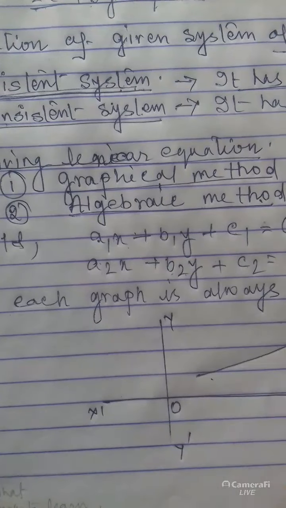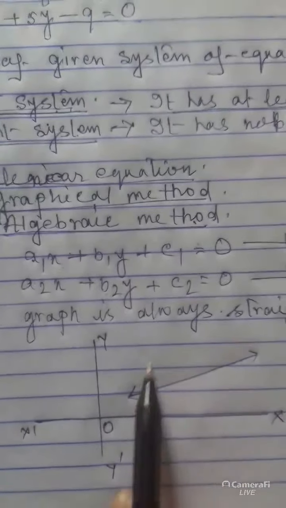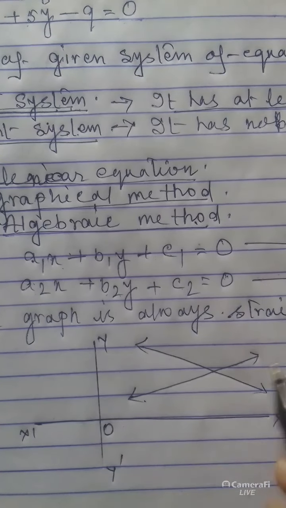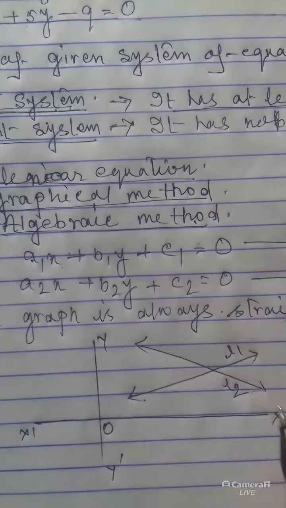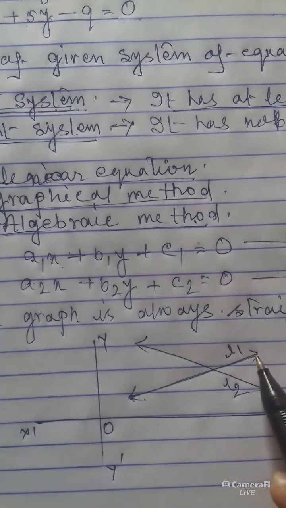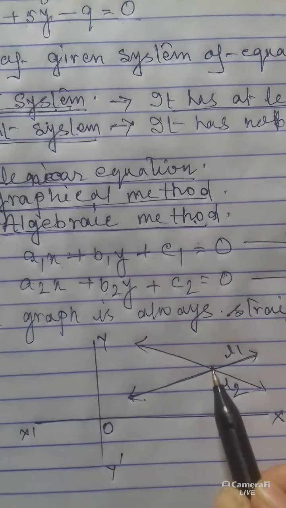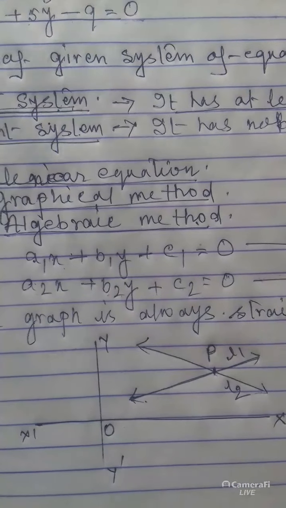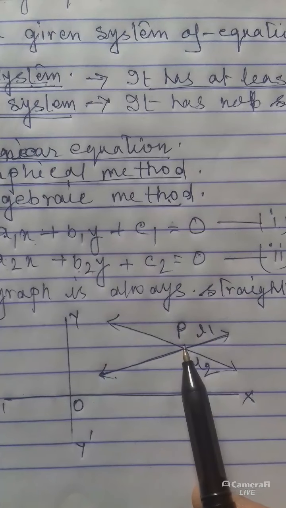Suppose one graph line is this one and another graph line is this one. One graph line is named L1 and another is L2. The two graph lines intersect each other at point P.